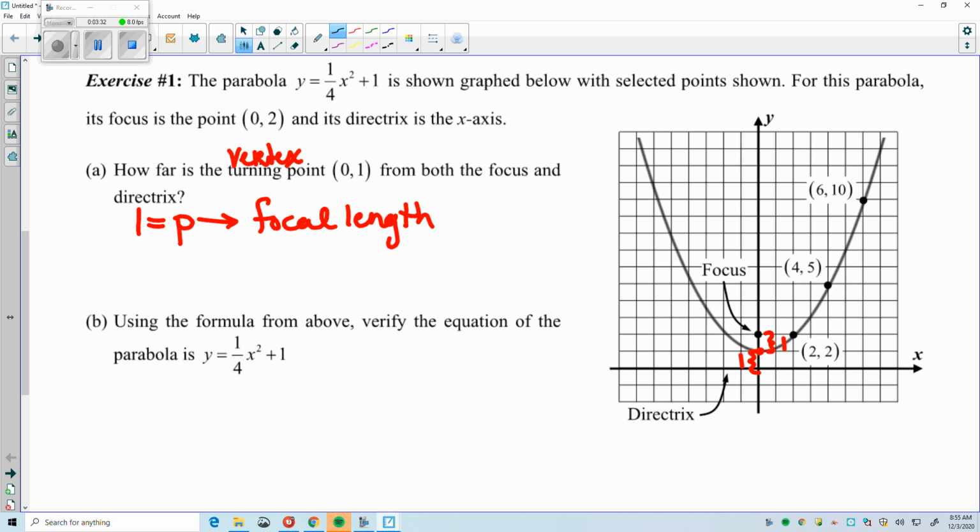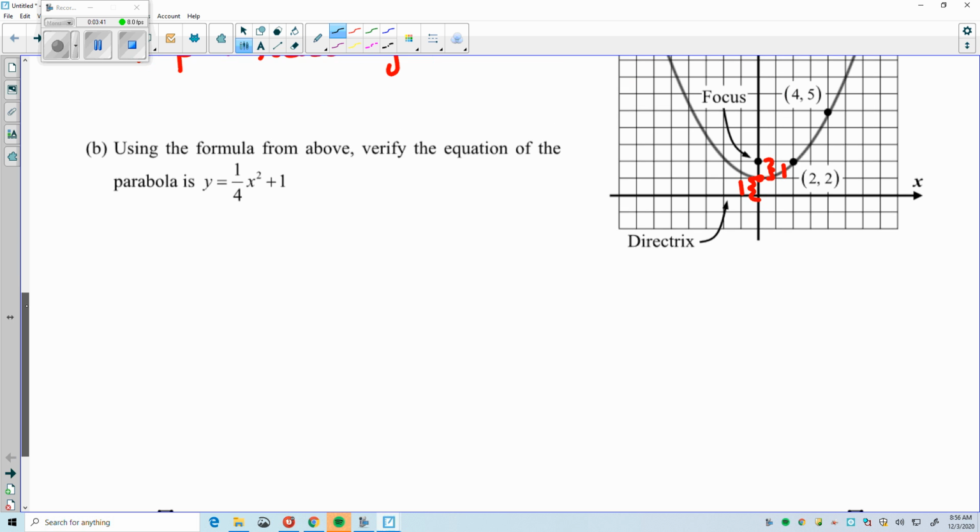Keep in mind, the other thing that we know is that our vertex is at the location (0, 1). So the formula that we have up above, we're actually going to use that to prove that we can get this equation. We're going to write down that formula just so we have it here. We have (x minus h) squared is equal to 4p times (y minus k) in parentheses.